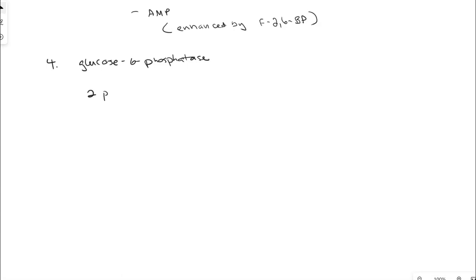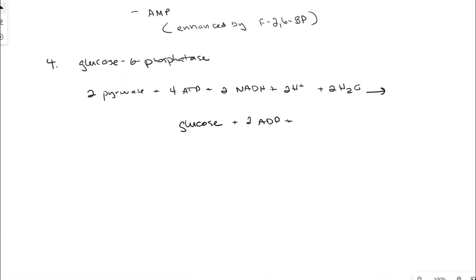You get 2 pyruvate plus 4 ATP plus 2 NADH plus 2 protons plus 2 water, and that's going to give you glucose plus 2 ADP plus 2 phosphate plus 2 NAD plus.